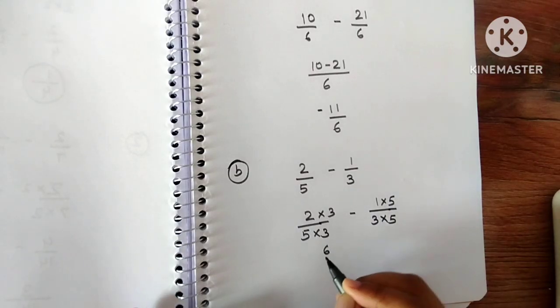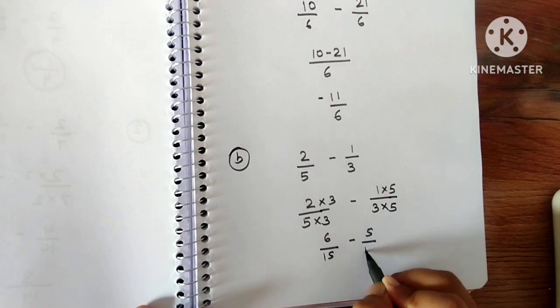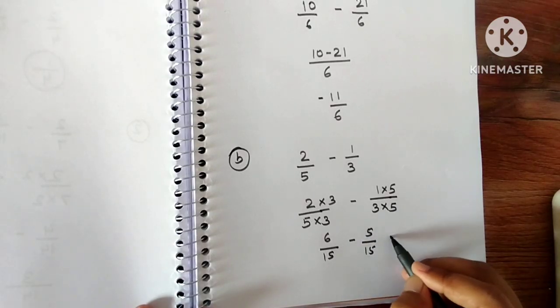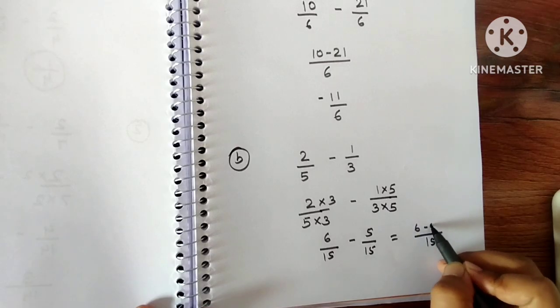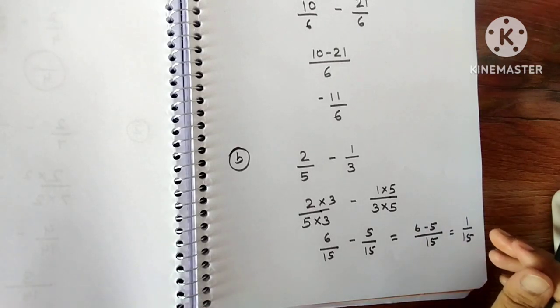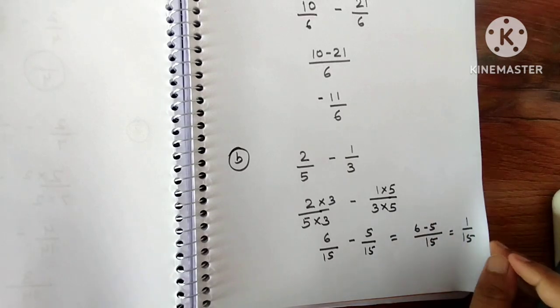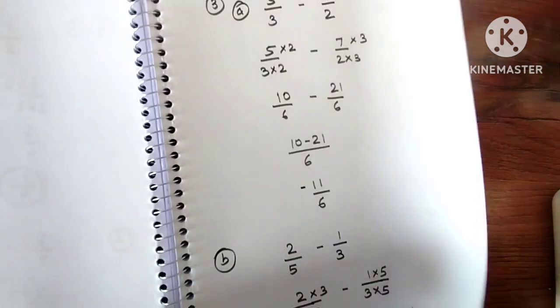So 6 upon 15 minus 5 upon 15. Now both have the denominator 15. 15 will come here. 6 minus 5 will give you 1 upon 15. Clear? This is the way of adding and subtracting the fraction numbers.